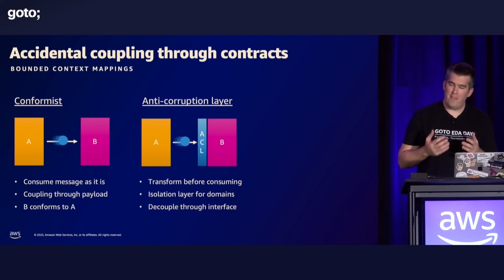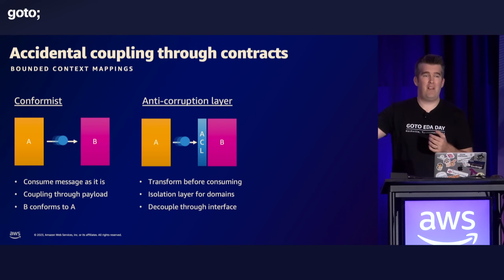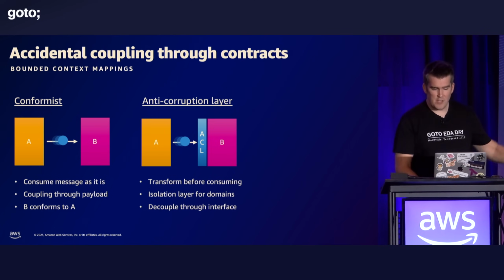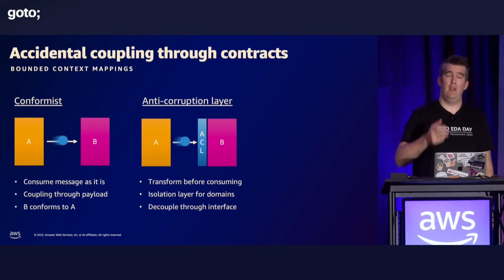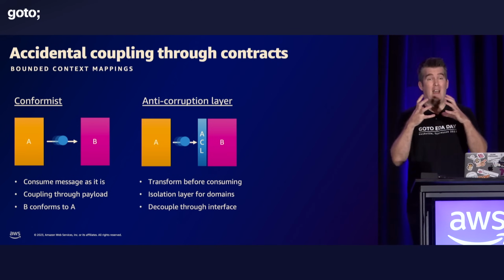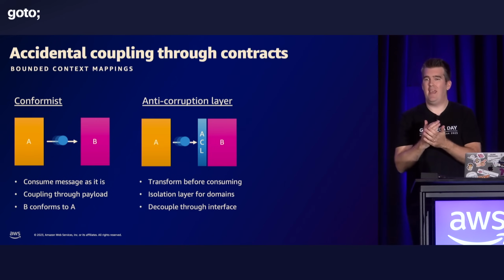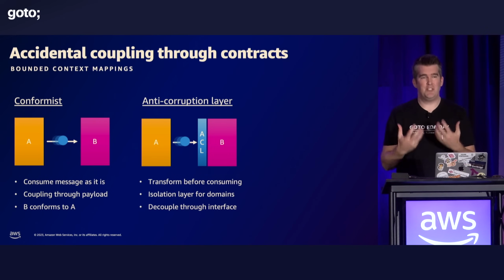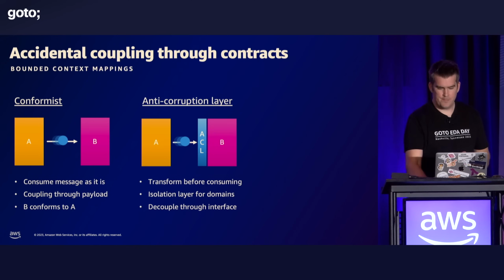We might think on paper that we're decoupled, but in fact, you can be very coupled through the schema and the event. With an anti-corruption layer, as we get the information in, we can manipulate that event. The first thing we do is change it to a schema, this ubiquitous language that we understand as domain experts, and then we use that. And we've got one place to change this.